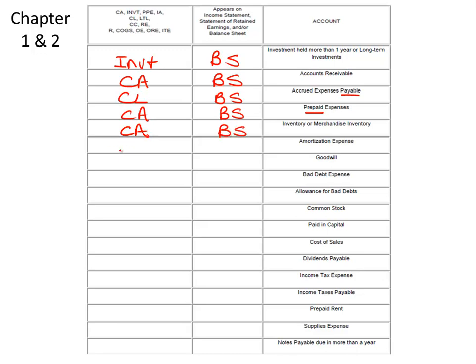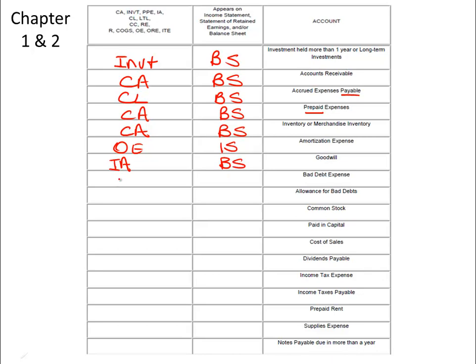Amortization expense is an expense. It's an operating expense, and so it's on the income statement. Remember, we amortize our intangibles, so that's why it's an operating expense. Goodwill is one of those intangible assets, so it's an IA, and since it's an intangible asset, it's on the balance sheet.